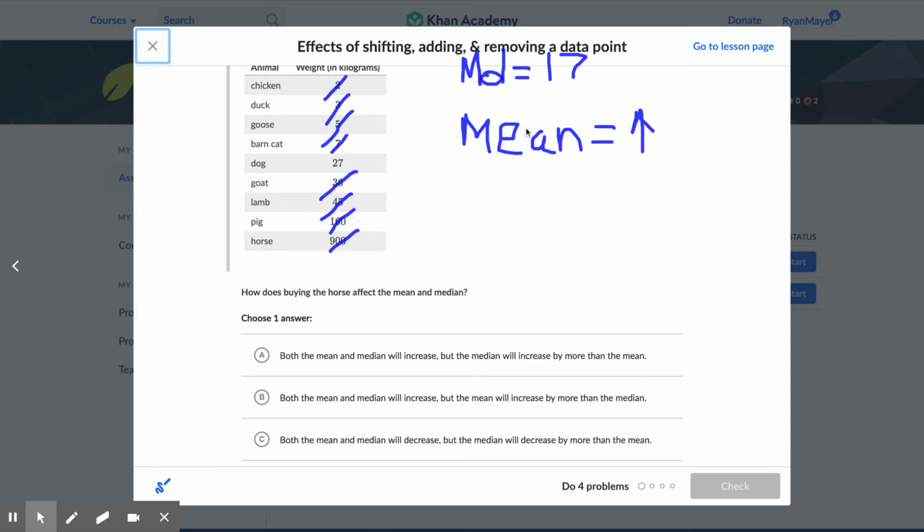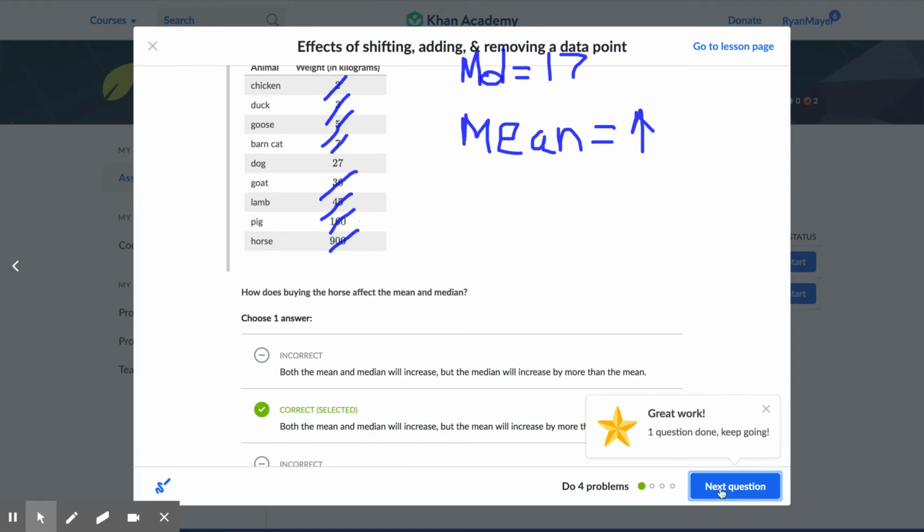Because if this thing only increased by 10, okay, that's fine. This thing, we added a number that is about 7 or 8 times bigger than our original top number here. This thing's going to increase more. The mean is going to go up more. So we're going to go ahead and say the mean will increase more.